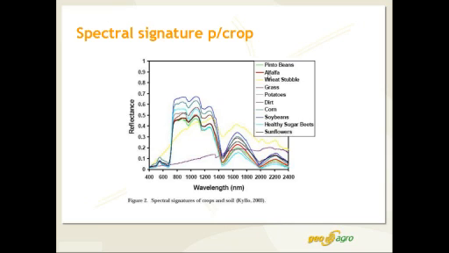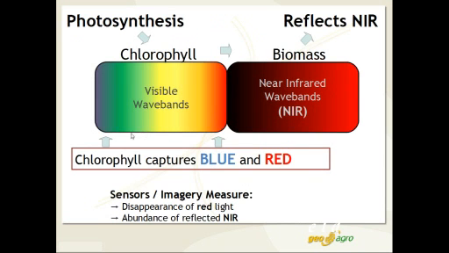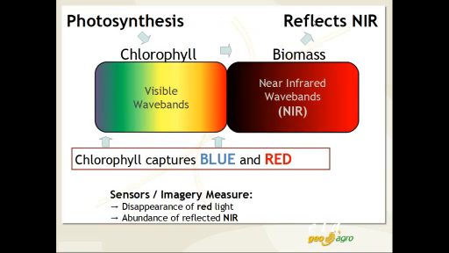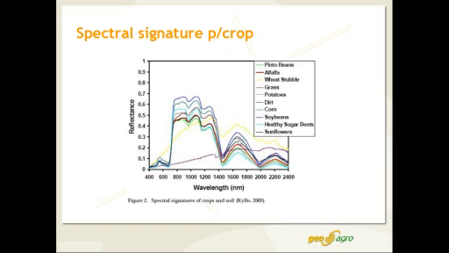You see here that alfalfa, beans, grass, potatoes, corn, soybeans will have similar behaviors. The green to yellow areas have high reflectance, then above and below that it's low reflectance, and then there is also a reflectance of the other wavebands called near infrared above that.